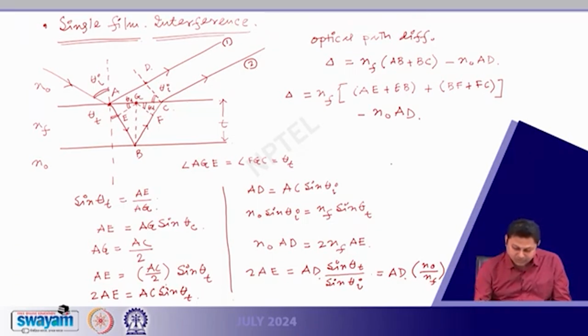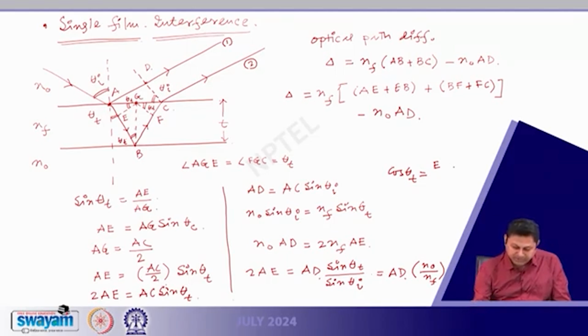Now also we have cos theta t is equal to EB, cos theta t means this is EB by GB, because this angle is theta t.